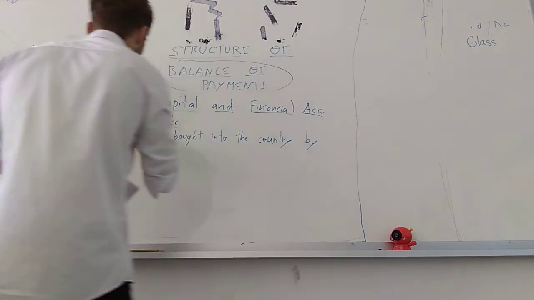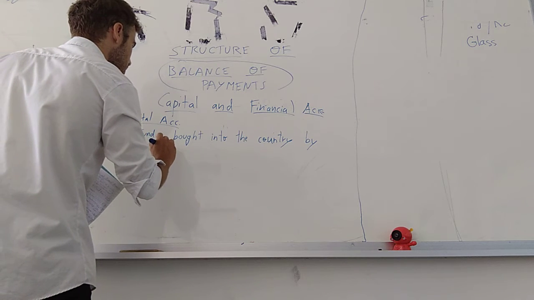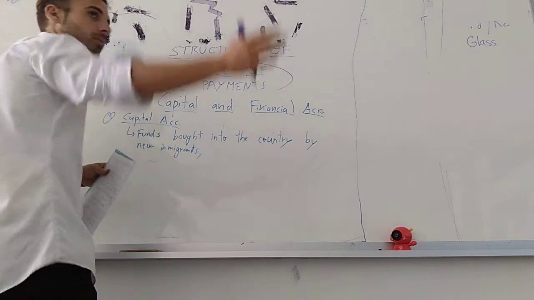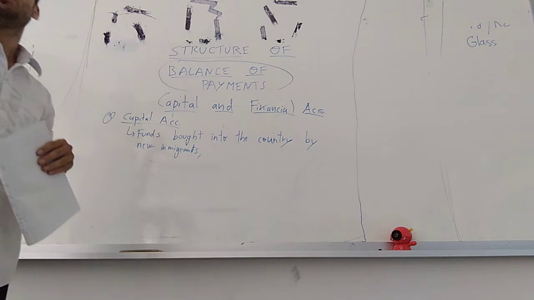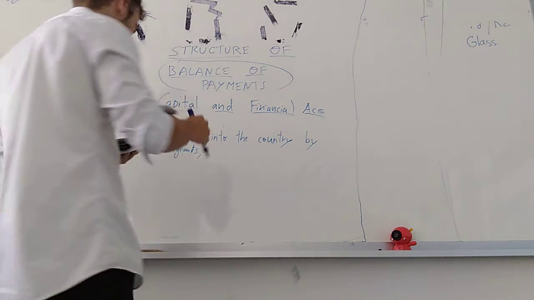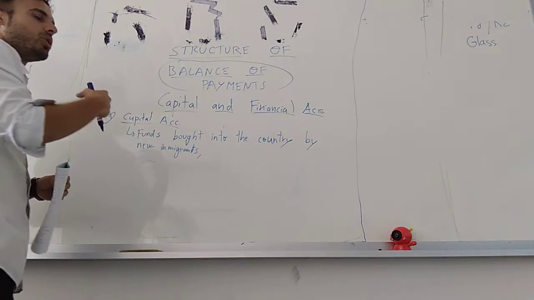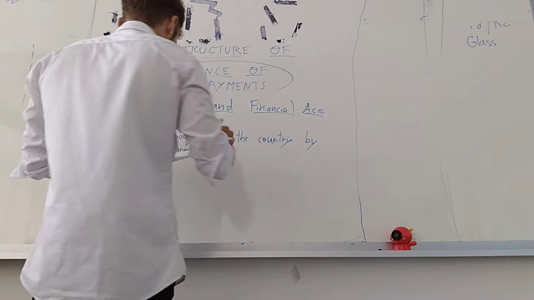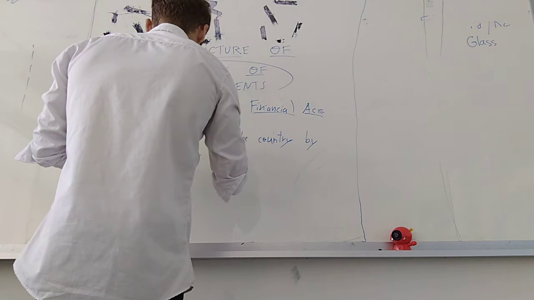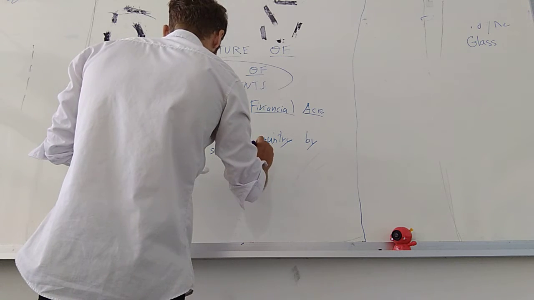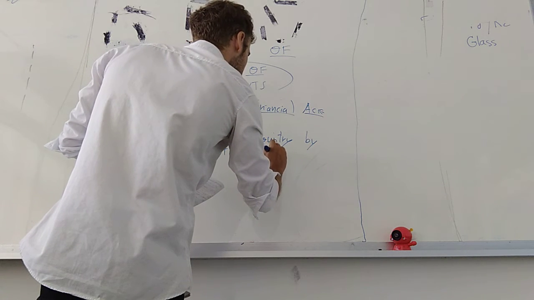It could be new immigrants, or money brought to the country by those immigrants living abroad. So when you send money back to your country, that would be a positive income in our capital account. So, money sent by immigrants.